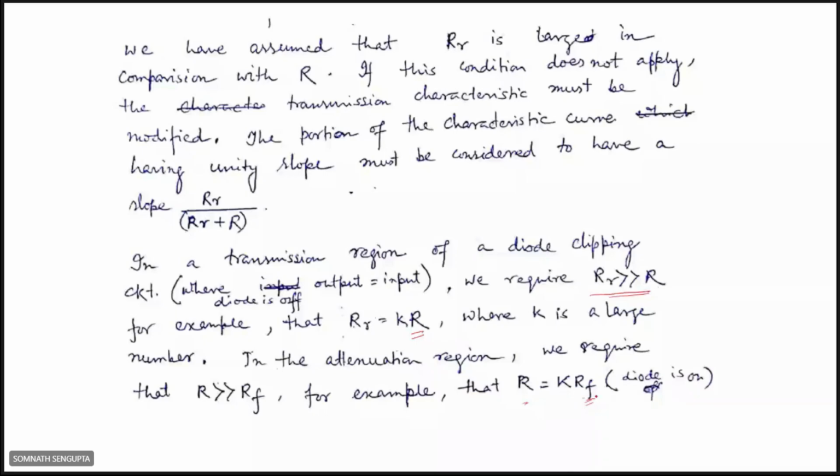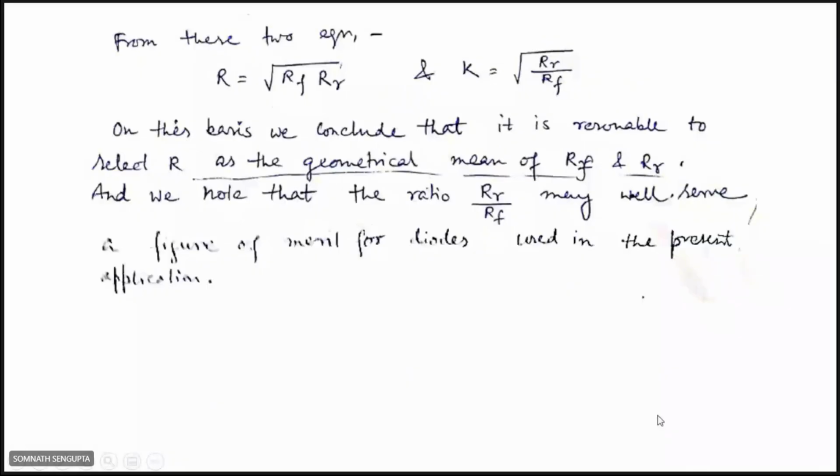So what value of resistance should we choose? You can have an idea by seeing the reverse and forward resistance of the diode. That is the calculation done here: we can choose the value of resistance R for the clipper circuit as root over RF into RR.